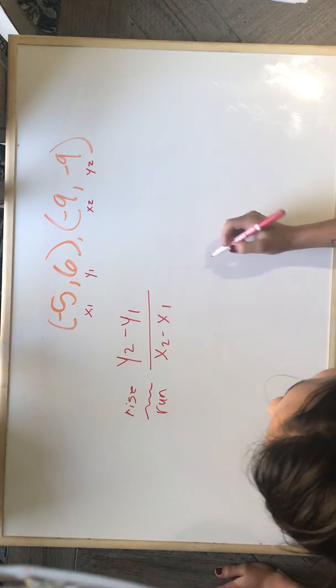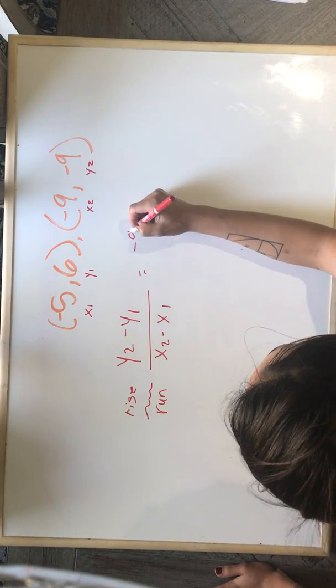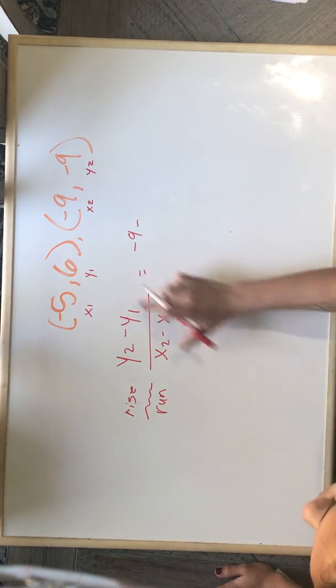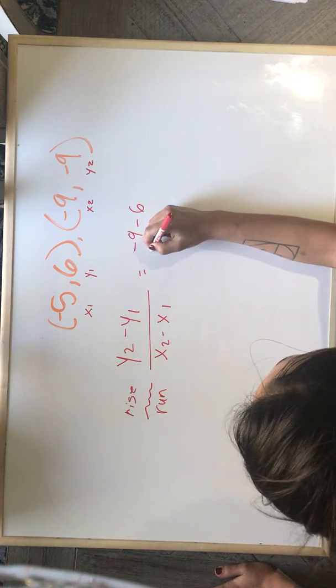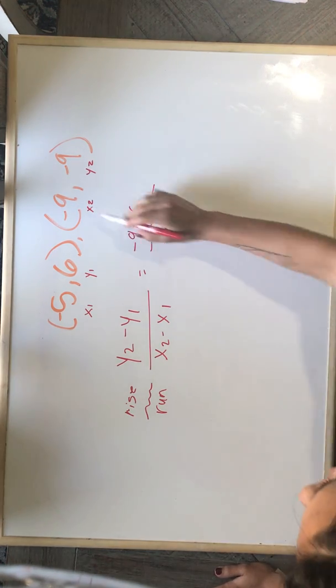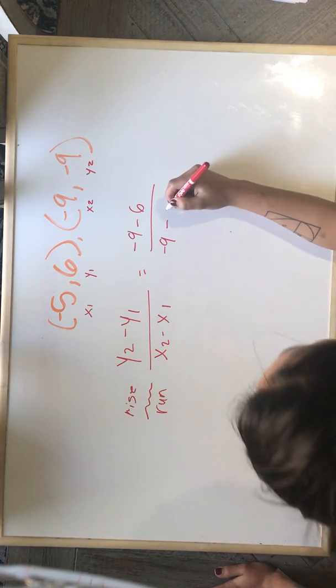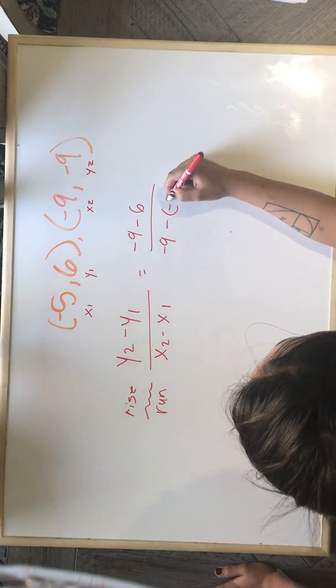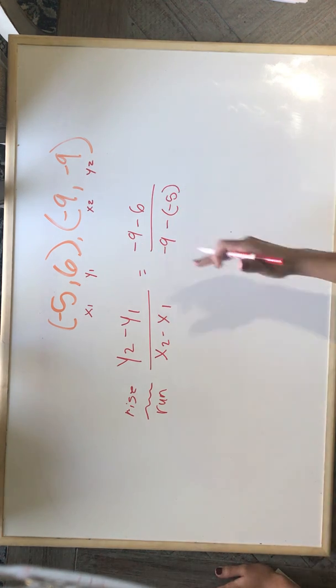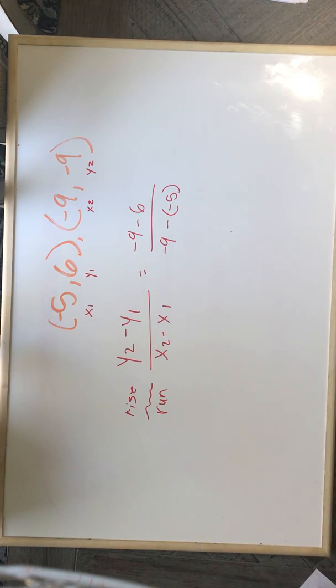So let's take y2, which is -9, minus y1, which is 6, over x2, which is -9, minus x1, which is -5. You might want to get into the habit of putting that -5 into parentheses.